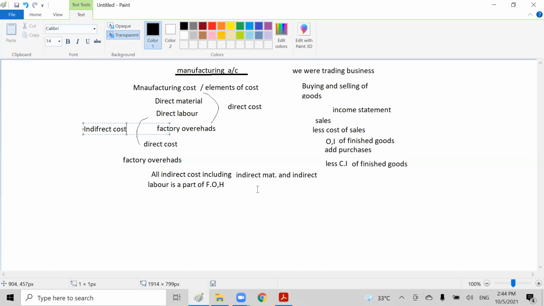So we will take it as indirect cost rather than direct. We cannot calculate the cost of each individual nail, because it will take more time and more cost will be incurred in calculating than the cost of the nails itself. So that's why nails cost is also treated as indirect cost and comes in factory overheads.